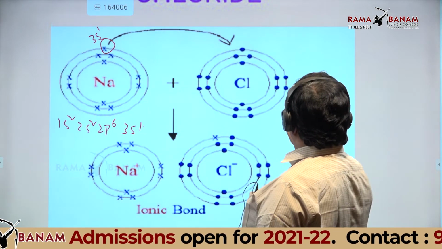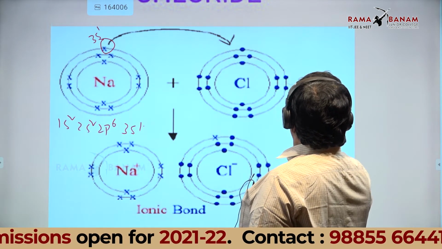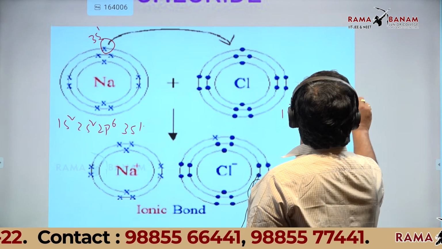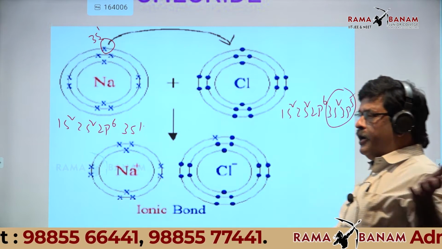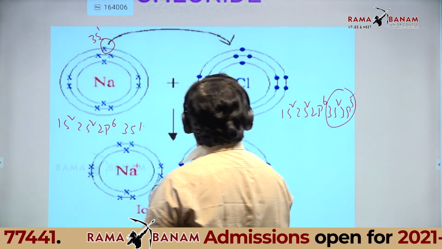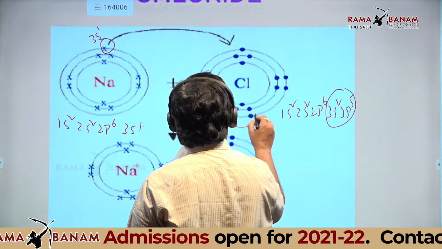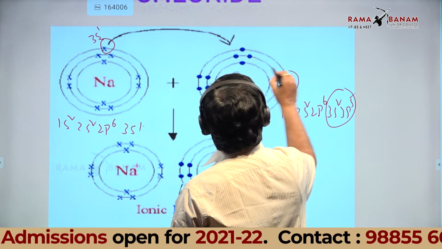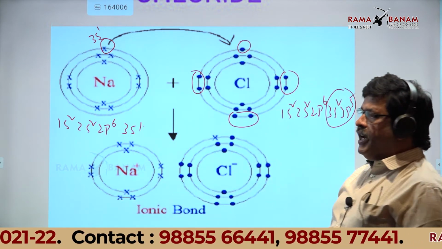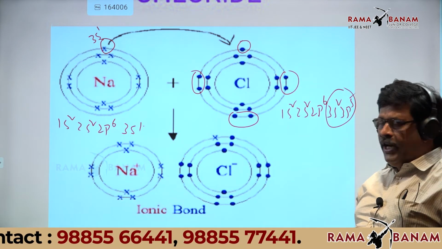And chlorine configuration is 1s2, 2s2, 2p6, 3s2, 3p5. There are 7 electrons. I'll mark that: 2 in this, 2 here, 2 here, and 1 here. These are the 7 valency electrons of chlorine.